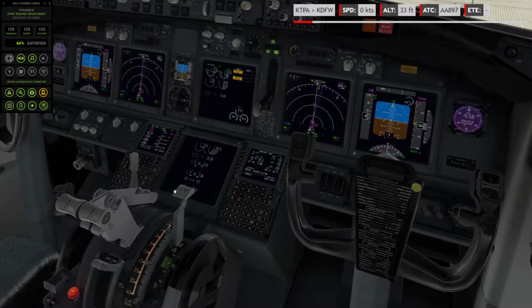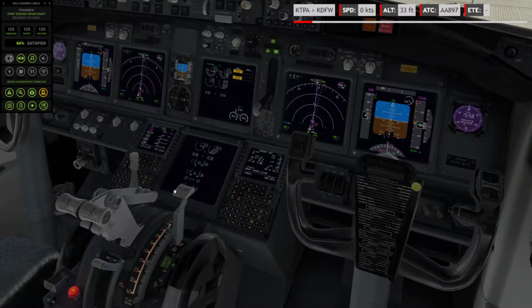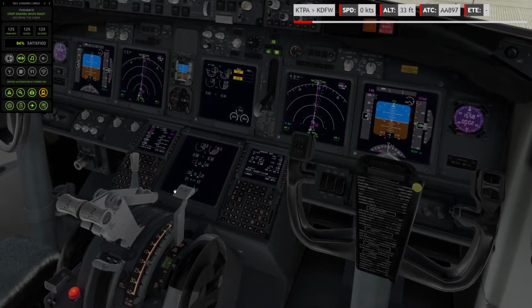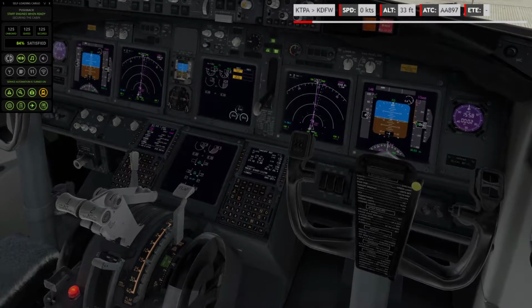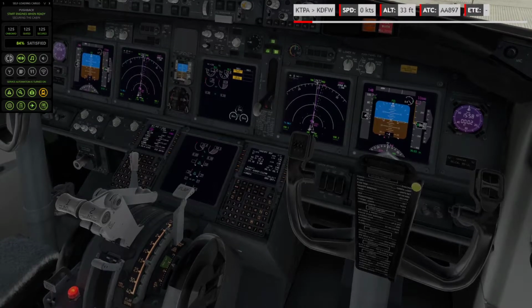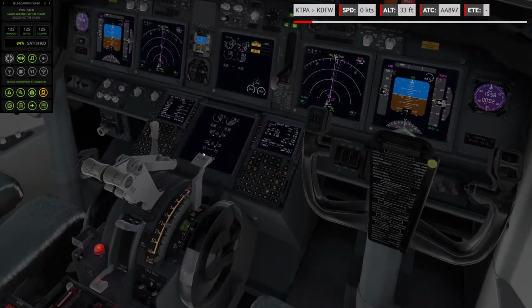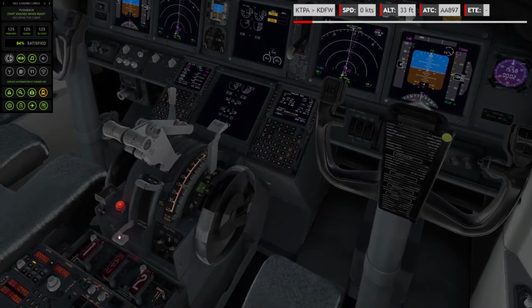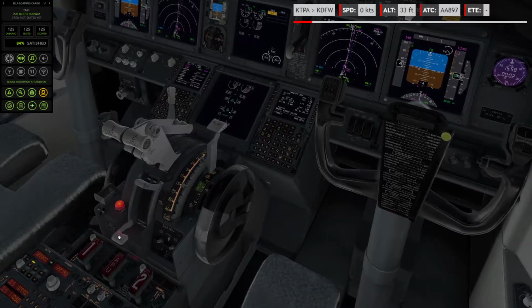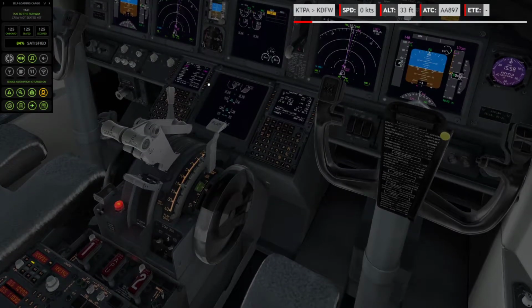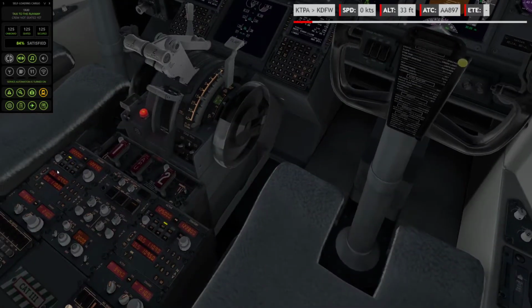Okay, sir, disconnecting. Alright, we have N2, EGT, N1. Oil pressure, 24. Fuel flow.